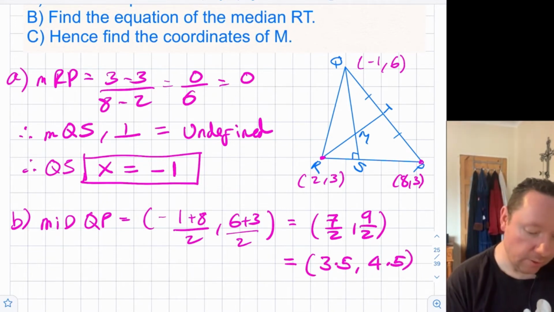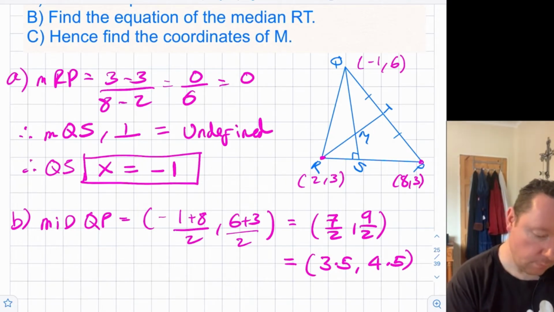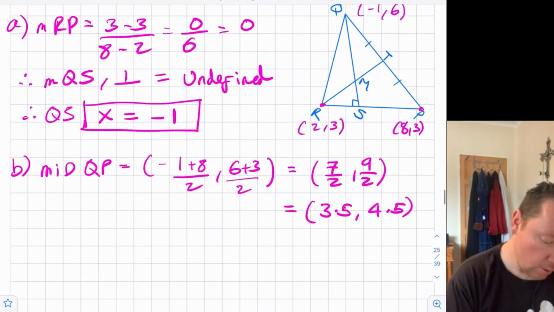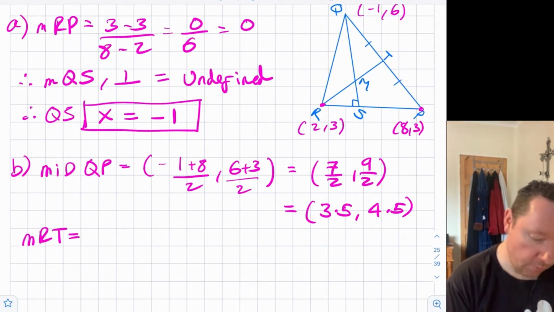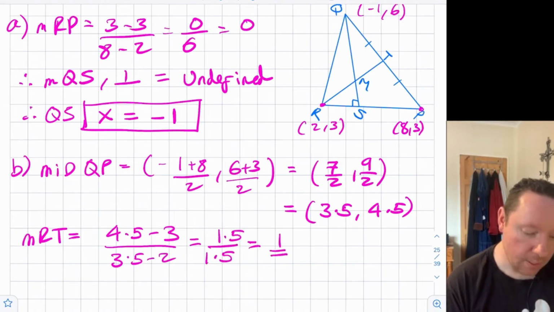So we're now going to need the gradient between R and our midpoint, which is called T. The gradient of RT is going to be 4.5 minus 3 over 3.5 minus 2. Well, that is 1.5 on the top, and it's also 1.5 on the bottom, so luckily our gradient is just 1.